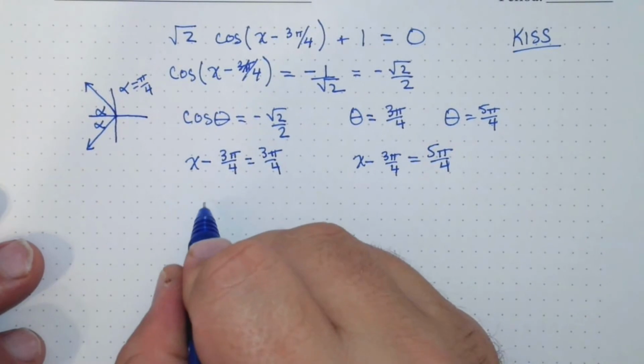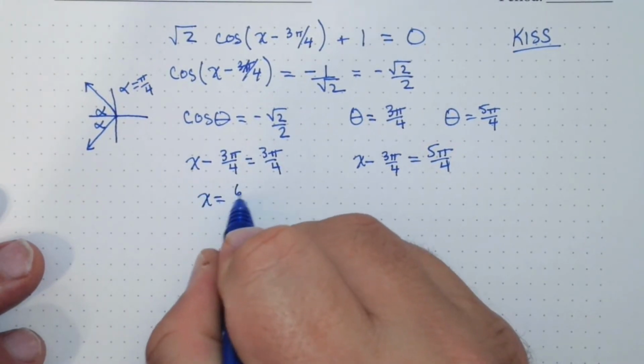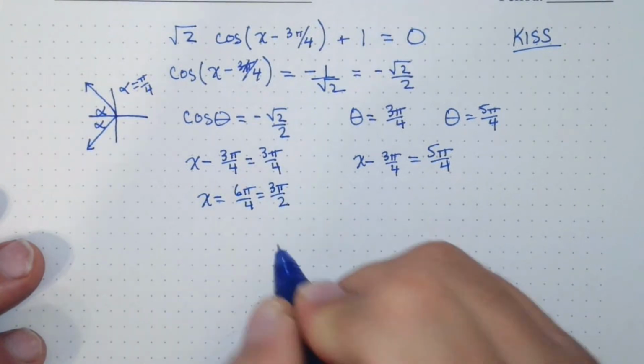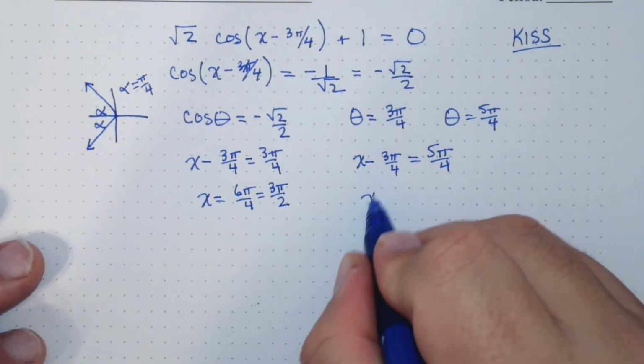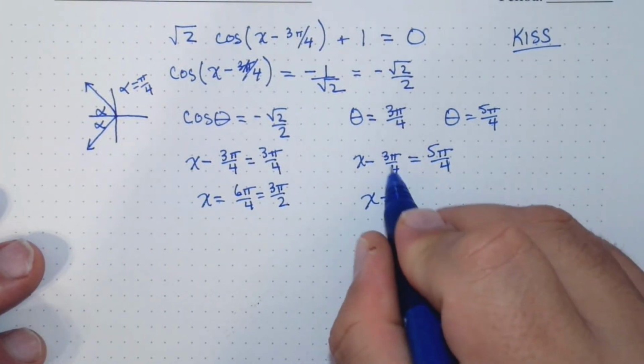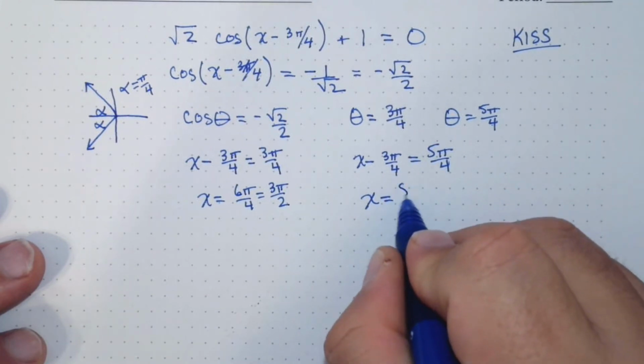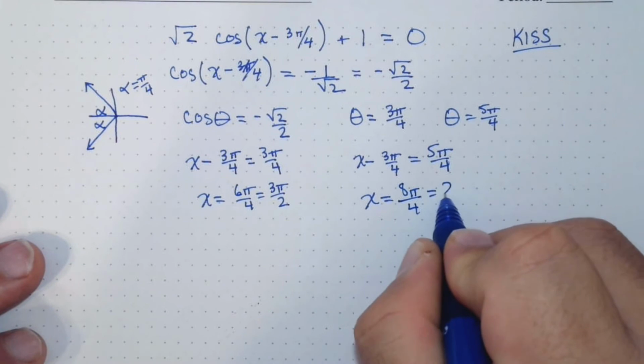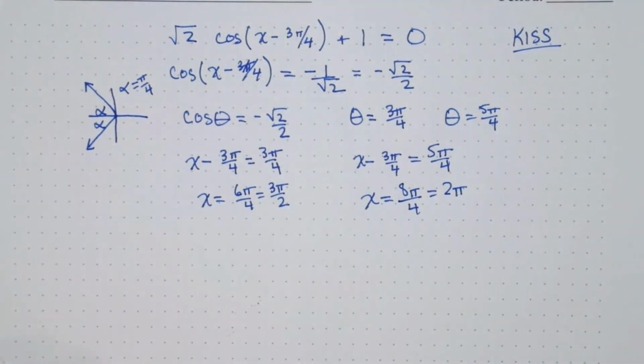So that means x must be equal to 6 pi over 4, which would be 3 pi over 2. And over here, x must be equal to 3 pi plus 5 pi, that's going to be 8 pi over 4, which would be 2 pi.